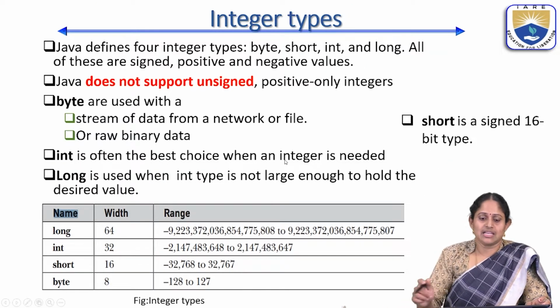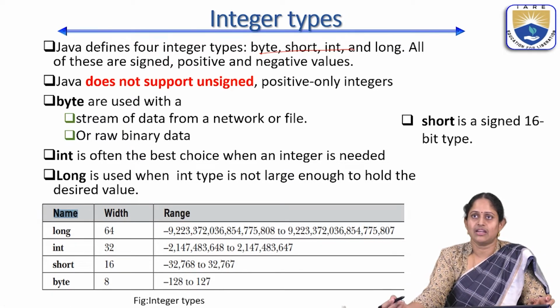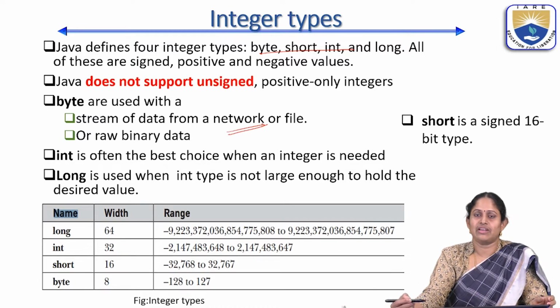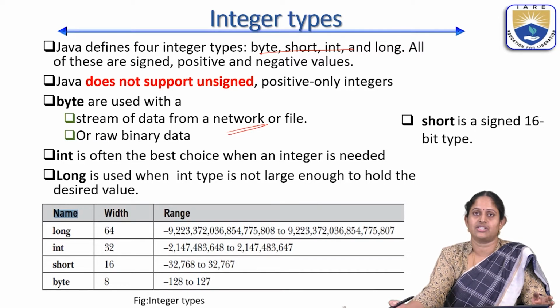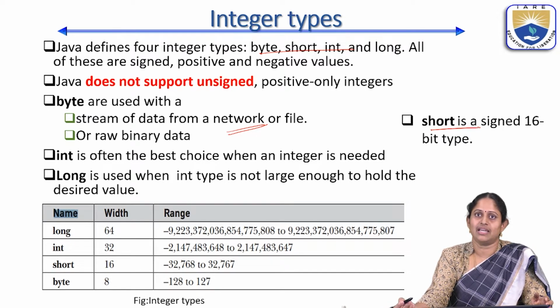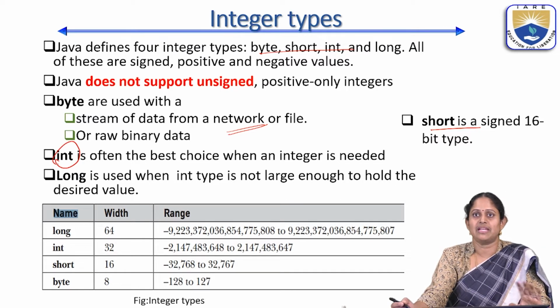Now, as I told you, integer is of 4 types: byte, short, int, and long. Byte is mainly used in networking. When we want to transfer data through a network, we transfer the data as binary numbers, and to transfer such data we generally go for byte. Then short is a 16-bit type, and int is the integer mainly used in our examples and in real time.